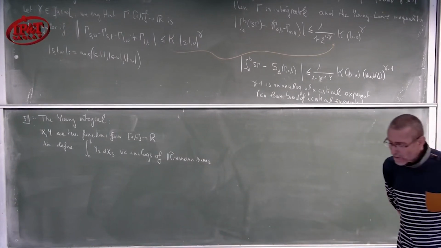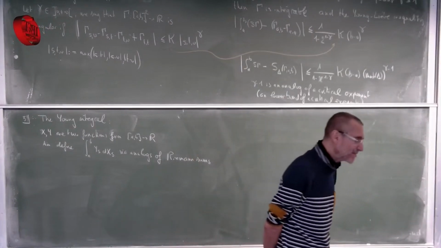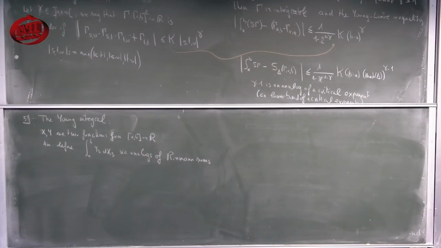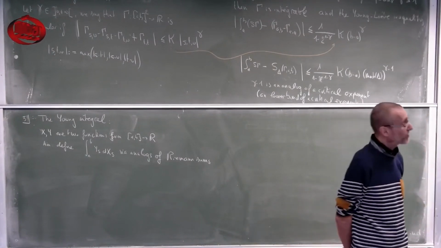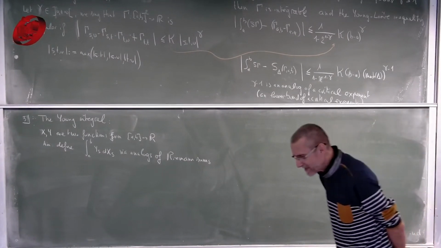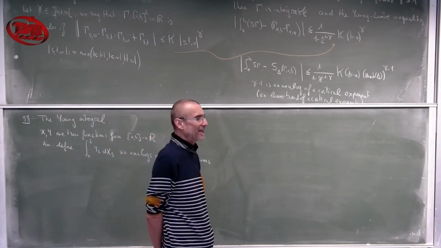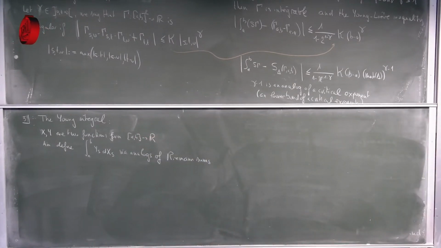Well, the point is the following. This is all motivated by this idea of solving these controlled differential equations. And if you think about it in that way, it's much more natural to look at Riemann sums than at some kind of analog of measure theory.